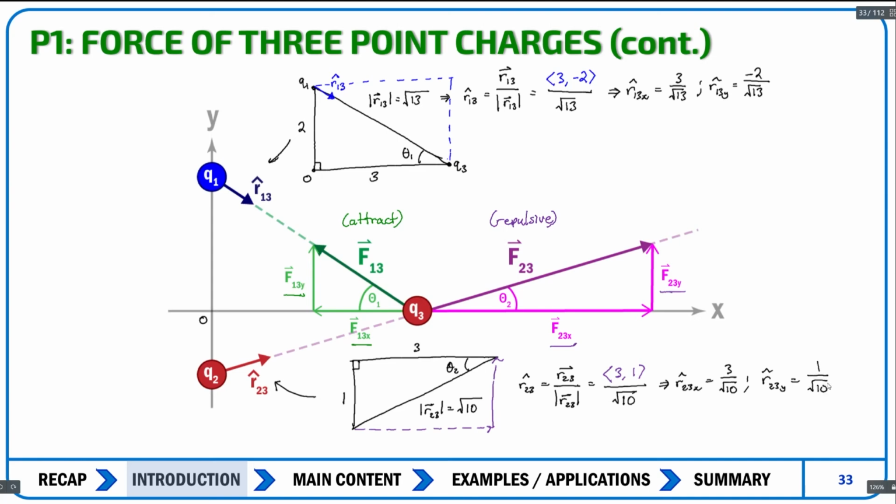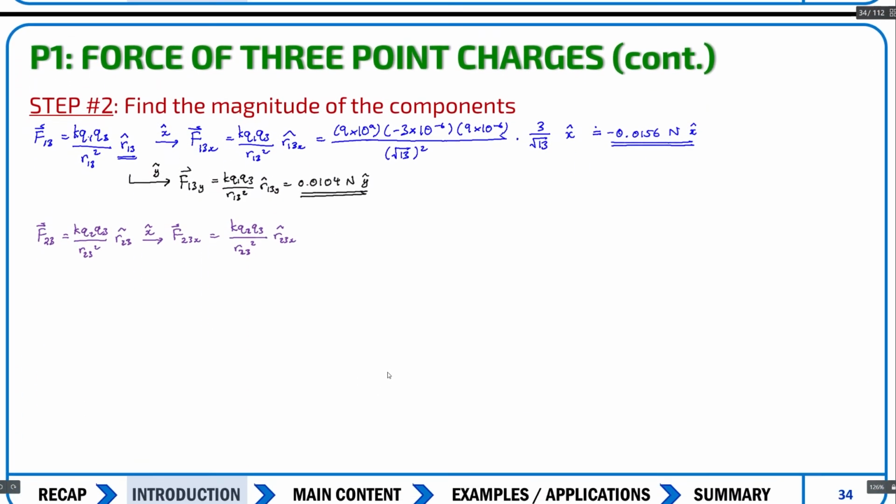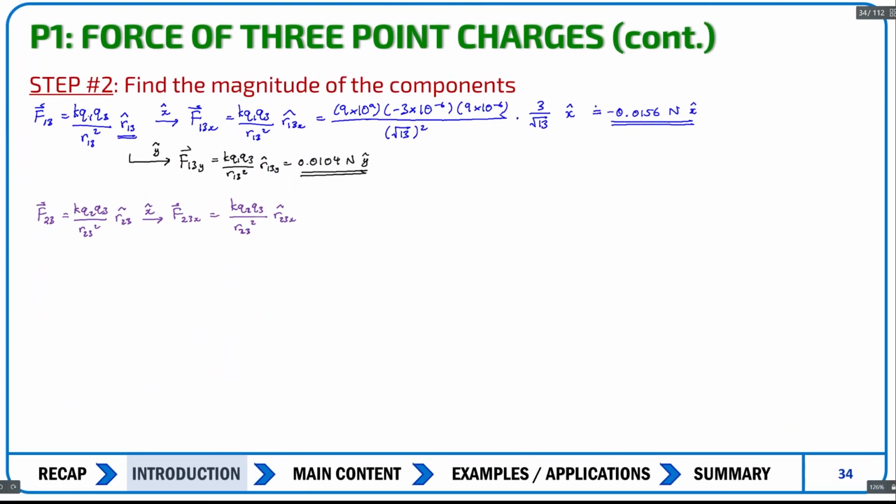So now I can use this and go back down and finish my calculation here. I essentially have 9 times 10 to the 9. Q2 is 7 times 10 to the negative 6. I know Q3 is 9 times 10 to the negative 6.